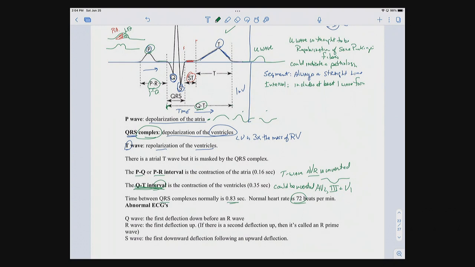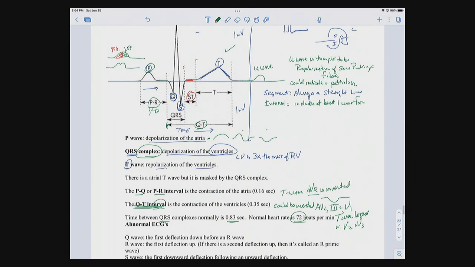The T wave is largest in leads V2 or V3. Speaking of largest wave, going back to your P wave, the P wave is largest typically in lead 2.